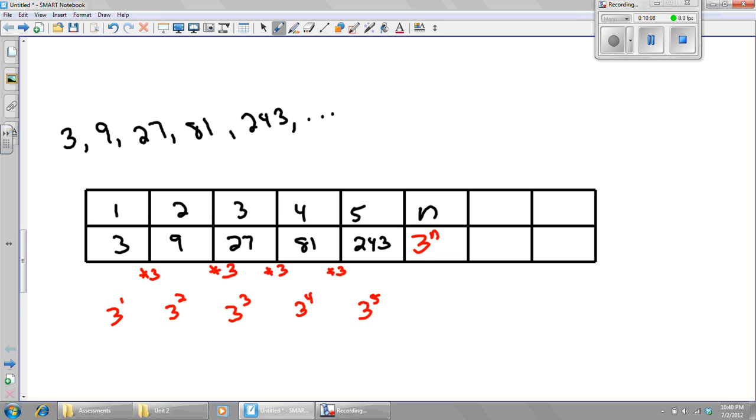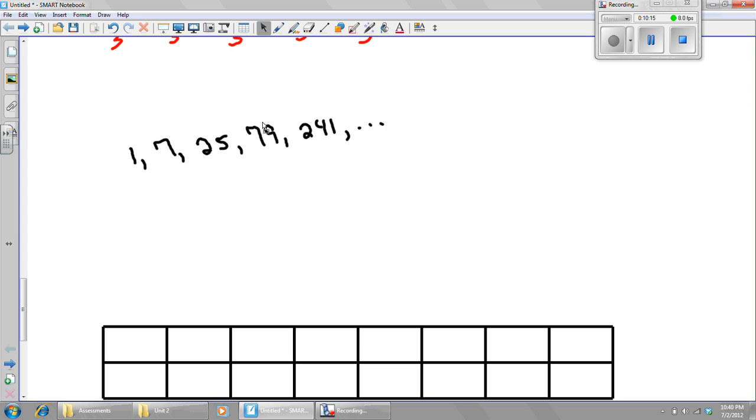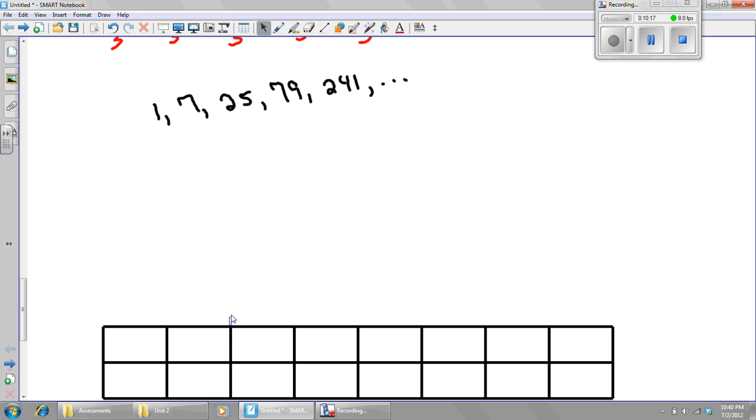These are exponential. Now, sometimes they're going to look really strange and not be so obvious. Let me fill it in: 1, 2, 3, 4, 5, and of course I'm looking for the nth term.